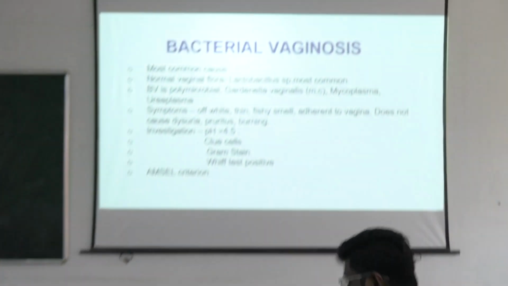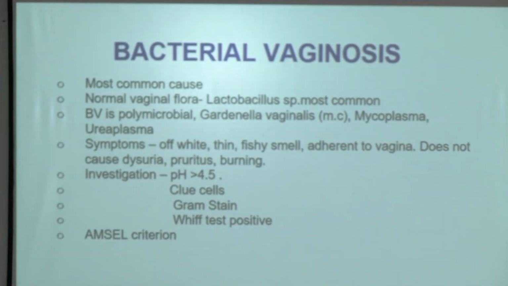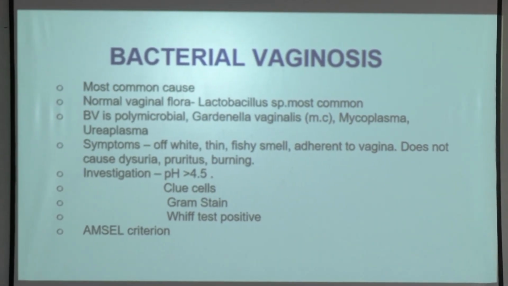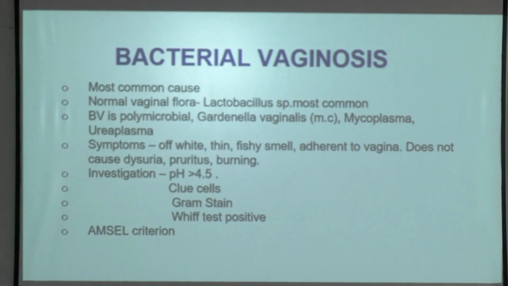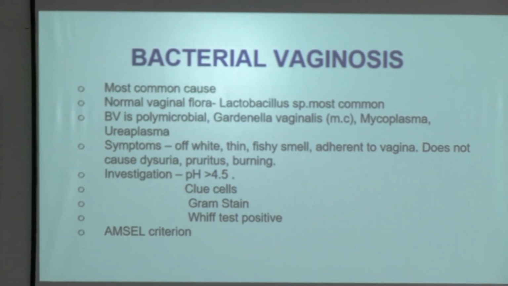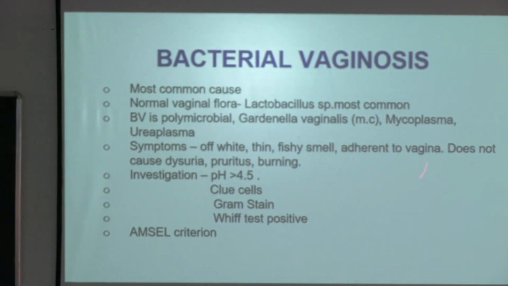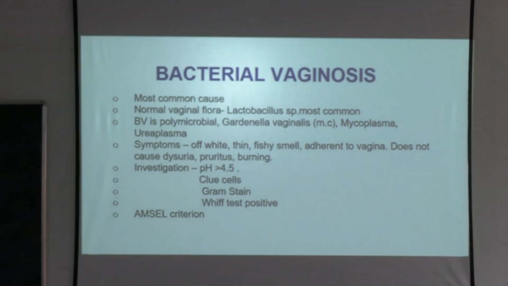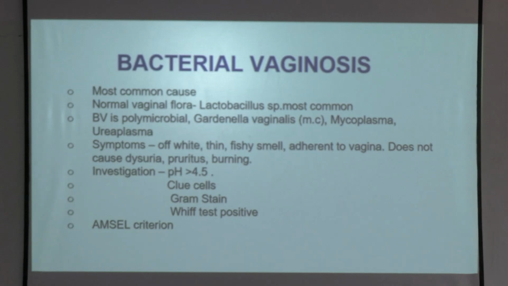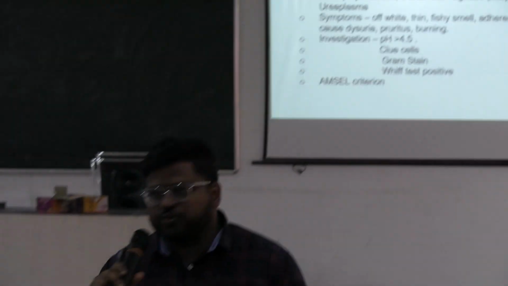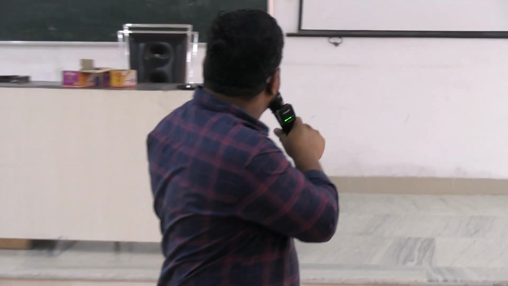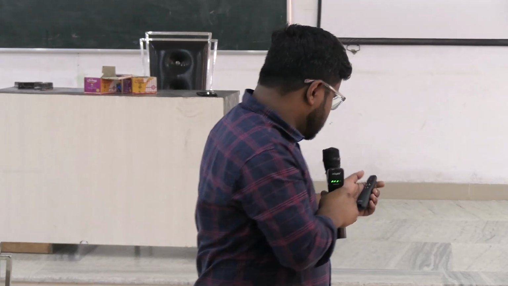Your pH is above 4.5. This profuse grayish white vaginal discharge has a foul fishy odor and is adherent to the vagina. There is no accompanying dysuria, no frequency of micturition, and no burning.